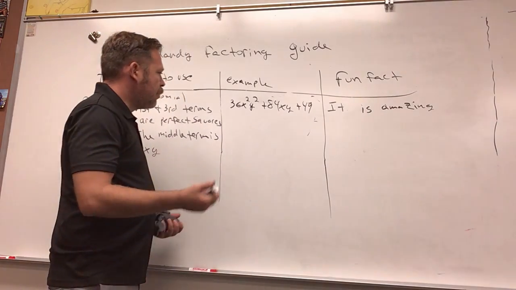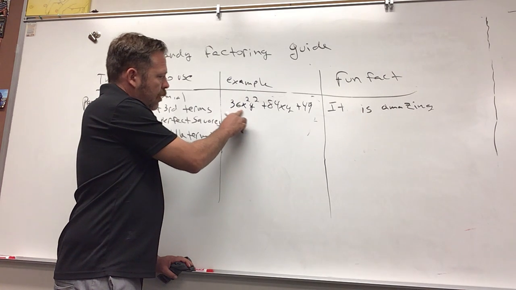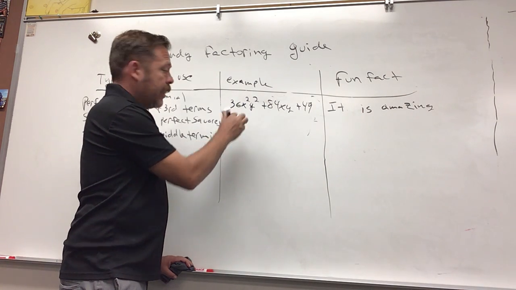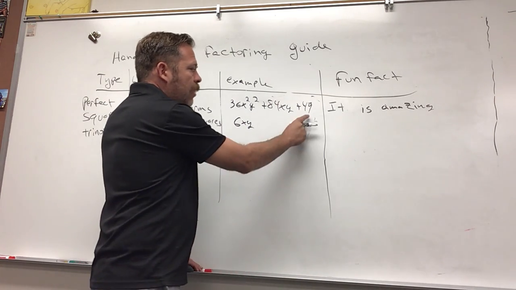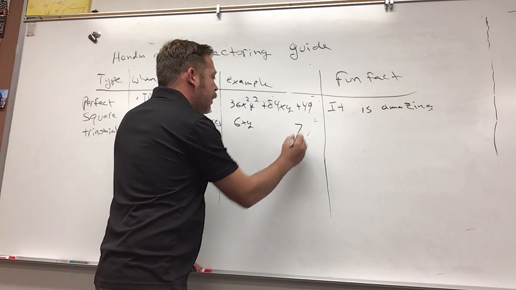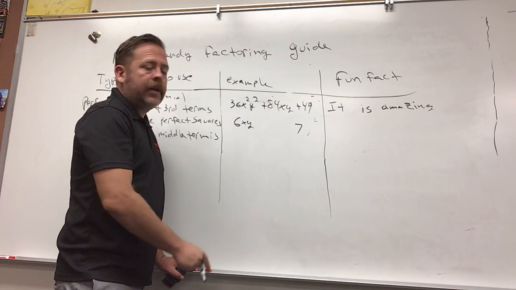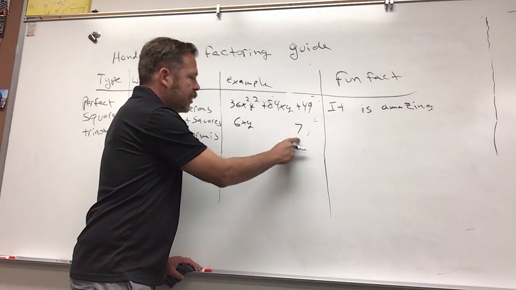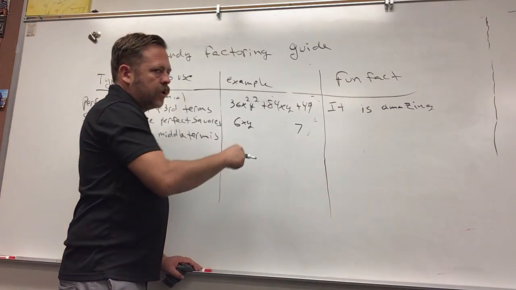So let's see what the square roots of each of those terms are. The square root of 36x squared y squared is 6xy. And the square root of the third term, 49, is 7. And the last thing we need to do to check to see if we can use this method is multiply 6xy times 7 times 2, the 2xy.